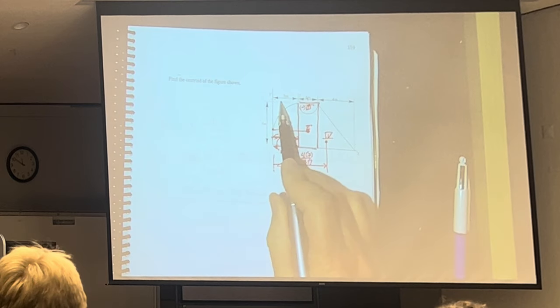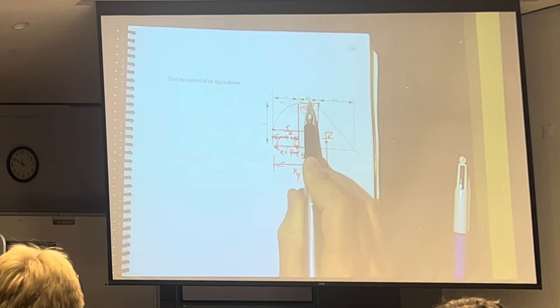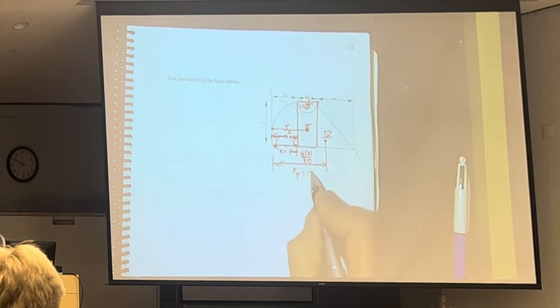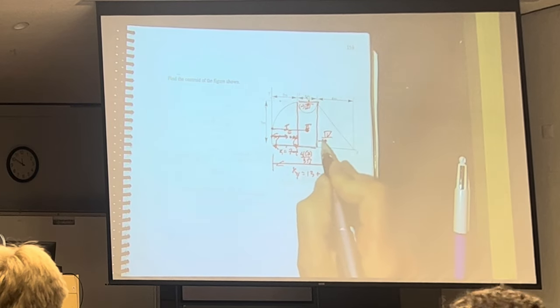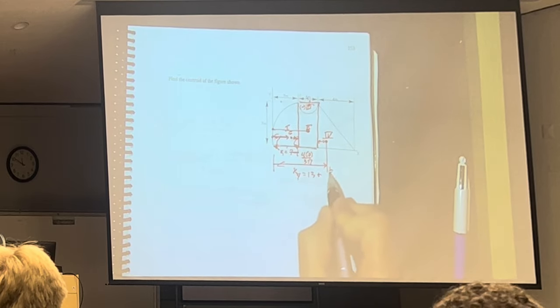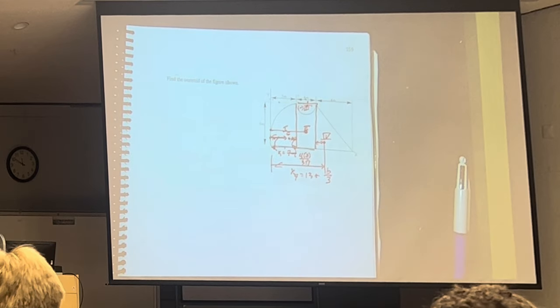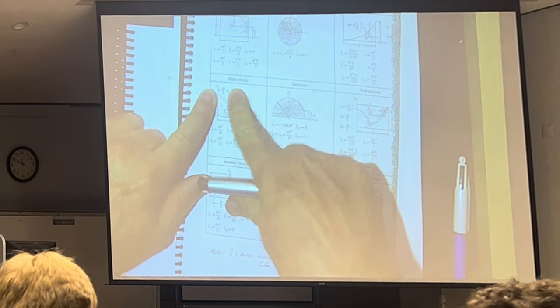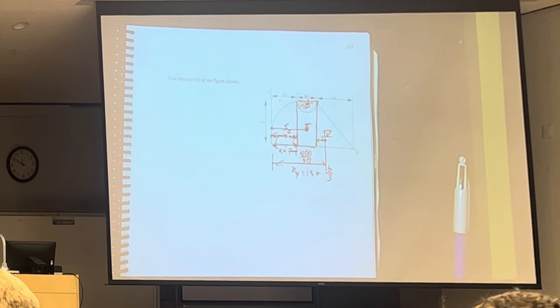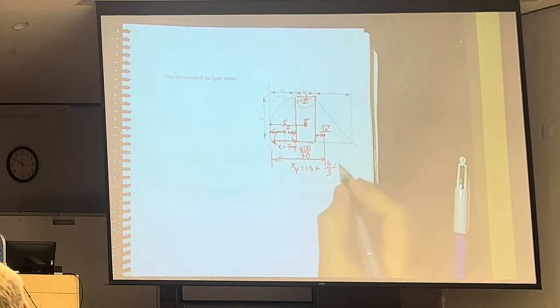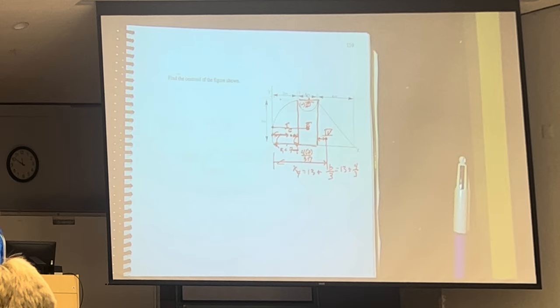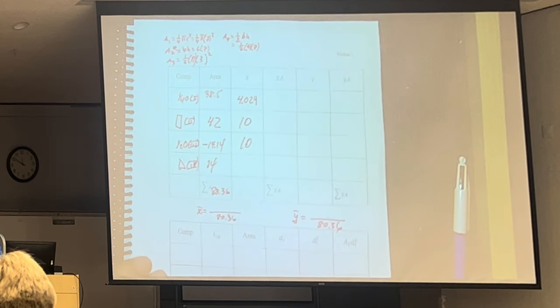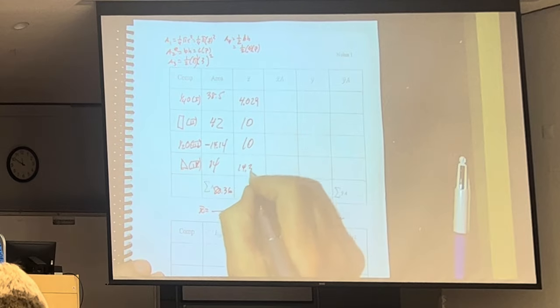Well, that's going to be 7 plus 6, that's 13, plus that distance right there, which is b/3. If you go to your triangle, the distance here is b/3. So that's going to be 13 plus 4/3. That's going to be 14.333.